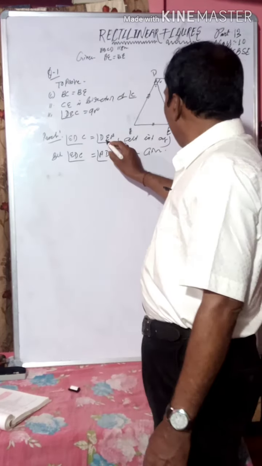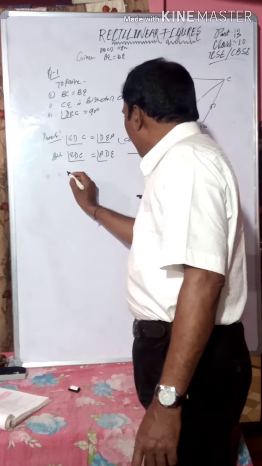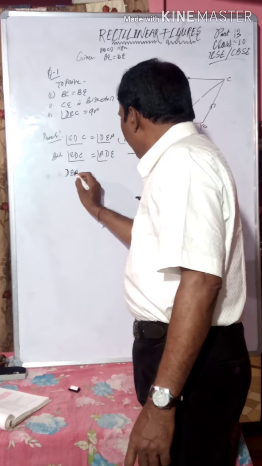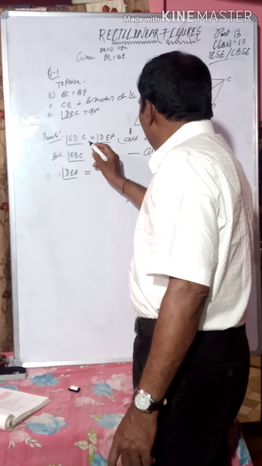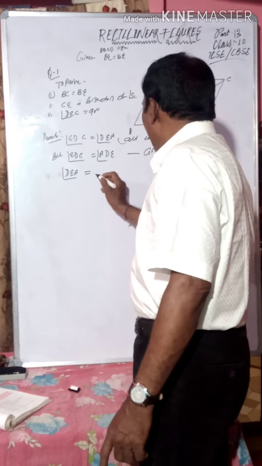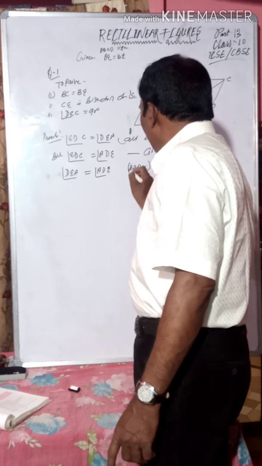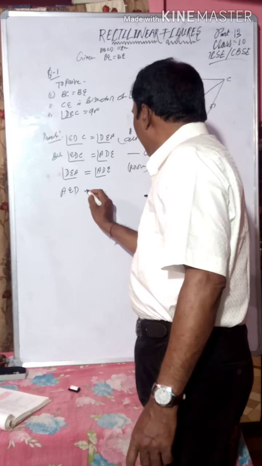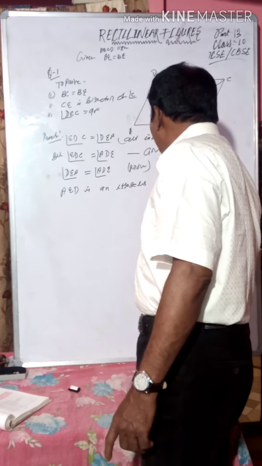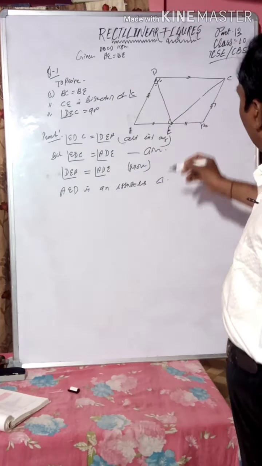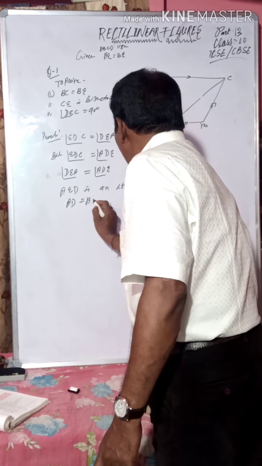So angle DEA is equal to angle ADE, proved. So AED is an isosceles triangle. As this angle is equal to this angle, so AD is equal to AE.